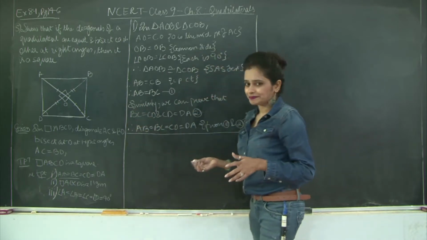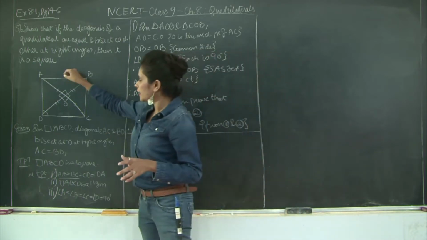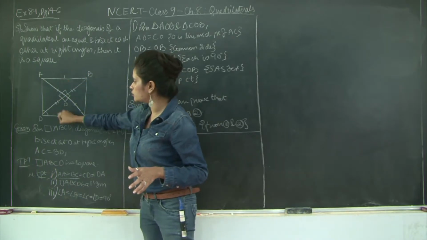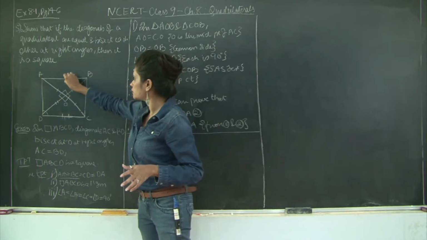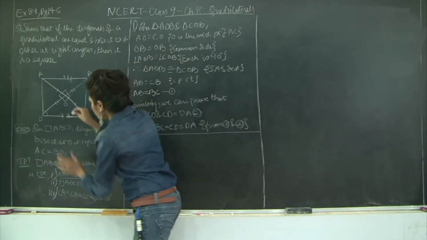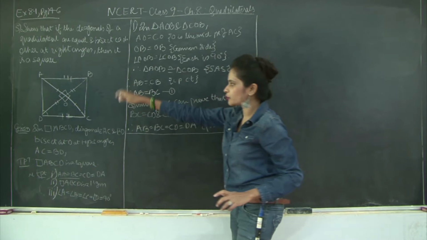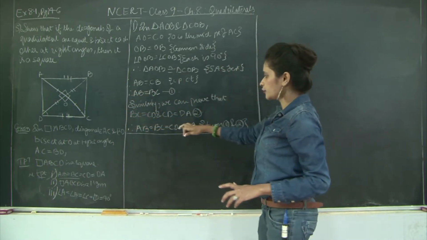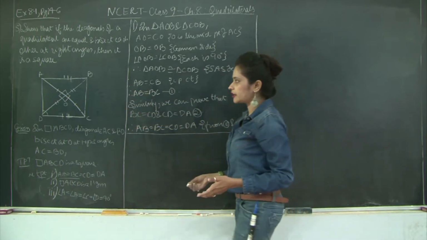Now first of all, if you notice, we have proved that AB is equal to DC. Let's mark this over here with 3 dashes. We have proved that AB is equal to DC, or CD, it means the same thing.